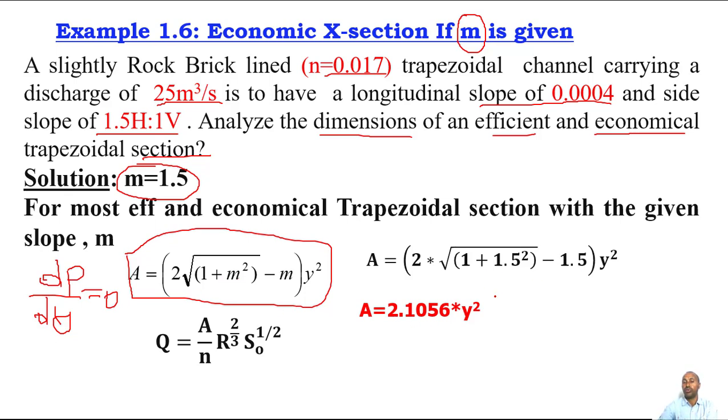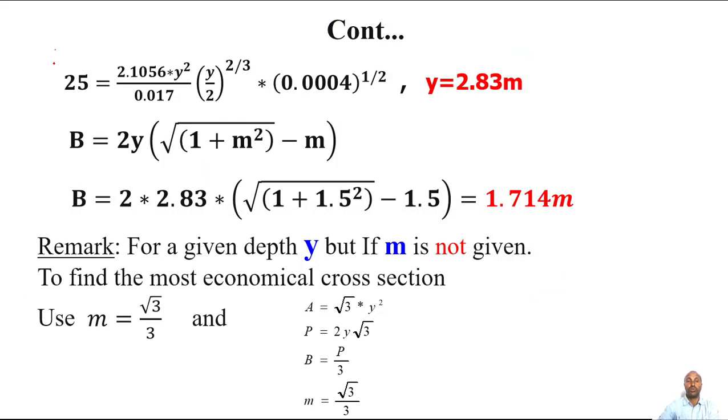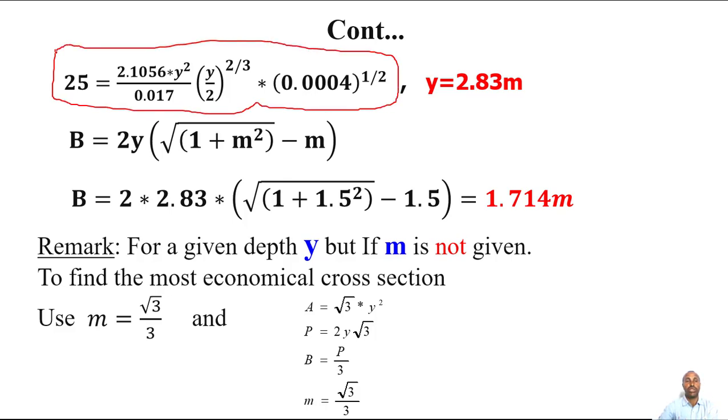Then finally, you can find the area in terms of y. So the area in terms of y is this one. Then using the Manning equation, you will substitute all parameters: discharge, area, Manning roughness, bed slope, etc. Let us calculate. You substitute all given parameters in the Manning equation. The only unknown is y. So y will be 2.83.